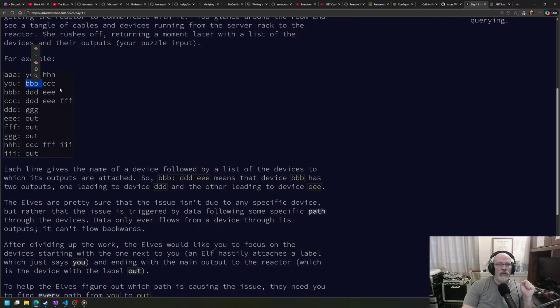Well, that's B. So where does B go? And as you're doing each one, again, you create a string that gives you a unique path going through. And as you go through each one, when you get to an out, you stop. So it's going to be a recursive function, but whatever.